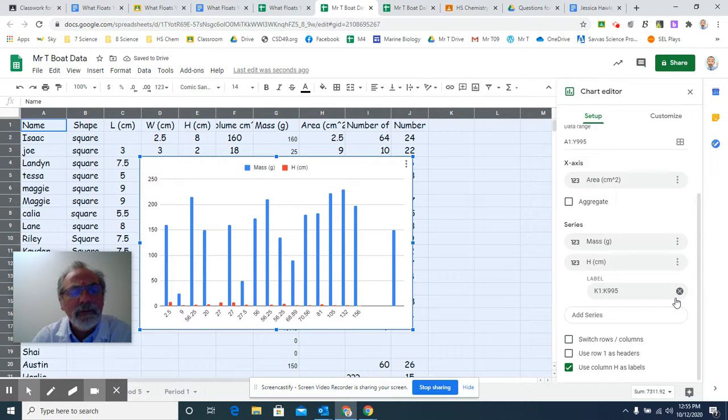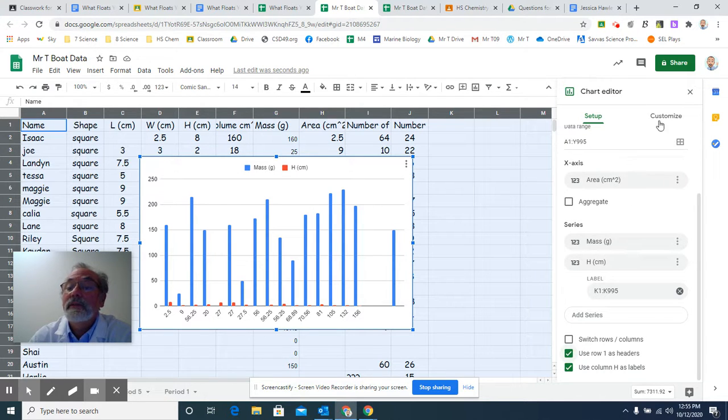Now, first thing you've got to do is label this graph appropriately. So you go up here to customize. Before you do that, let's get the header rows correctly dialed in. Use column H as labels. Sure, I like that.